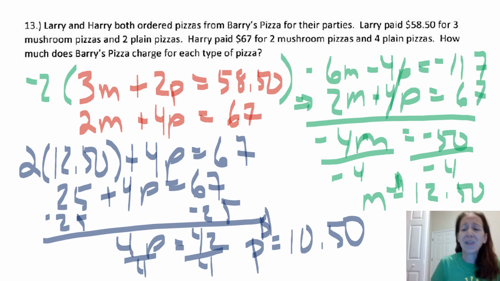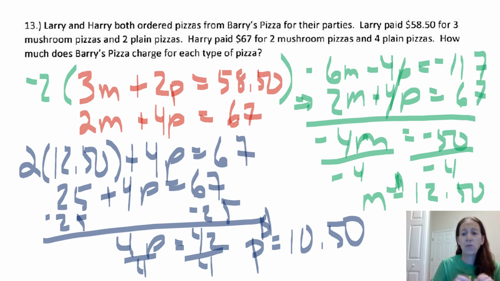Okay. Now, if I'm remembering correctly, I want to say that the problem on your test only asks you for one of the pizza prices. I don't know if it's pizza, maybe it's something else, but it only asks you for one of the two.